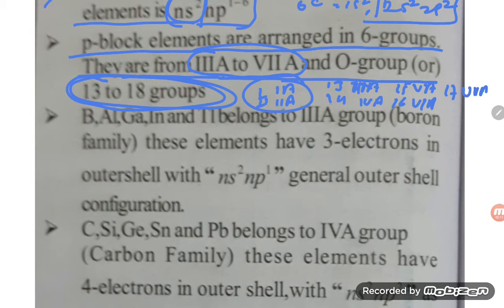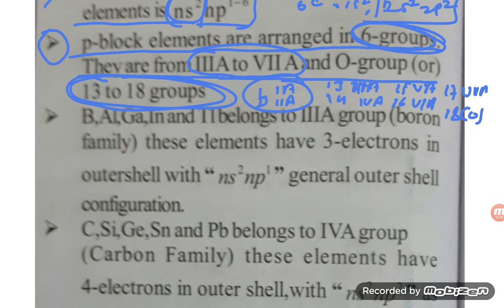And 18 group you can say either 0 or 18. So the p block elements are arranged in how many groups? 6 groups, from 3A to 7A and 0 group, or you can say 13 to 18 group.